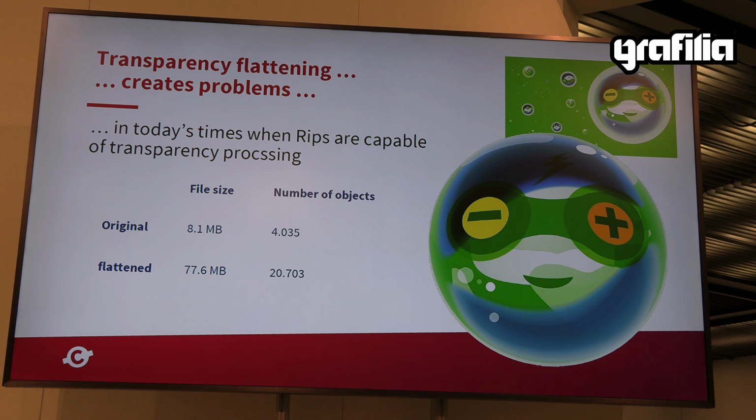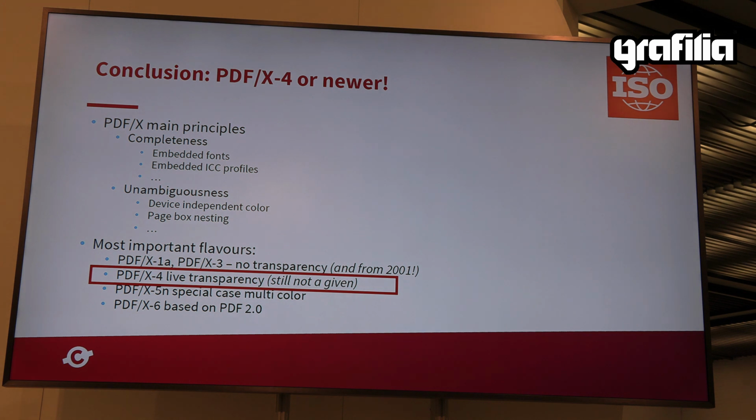Just because there were so many tiny, small, transparent overlapping objects that created a huge number of objects that had to be processed then in the RIP. So with the intention to make things easier, by transparency flattening the PDF file, the result was that things got much more complicated and took much more time when being processed. So not a good idea to do that. And that means you should use PDF/X-4 at least.